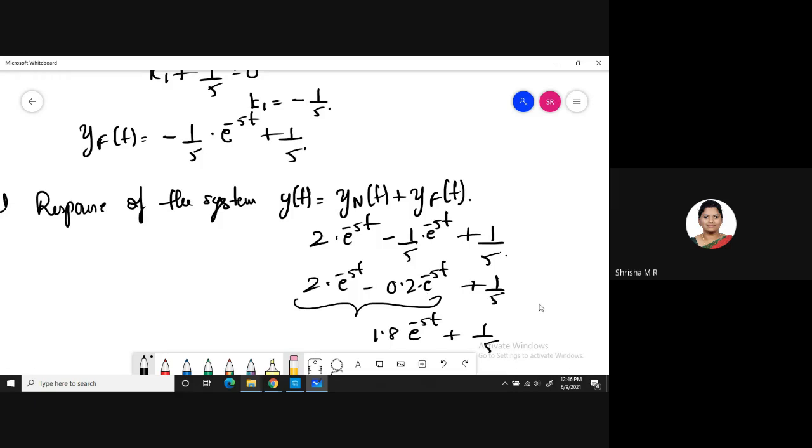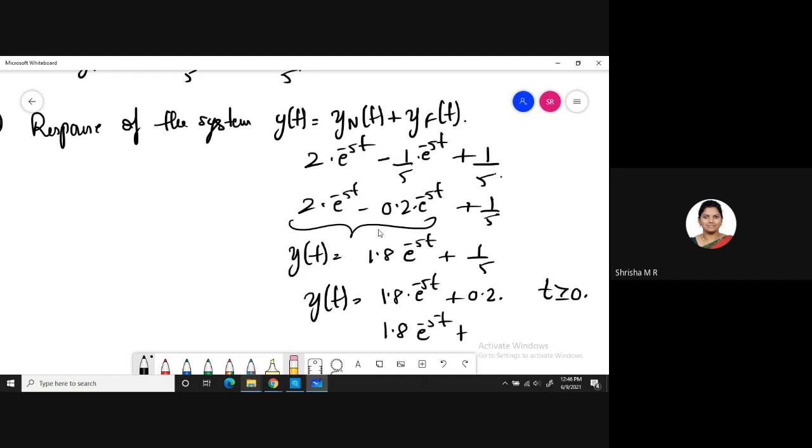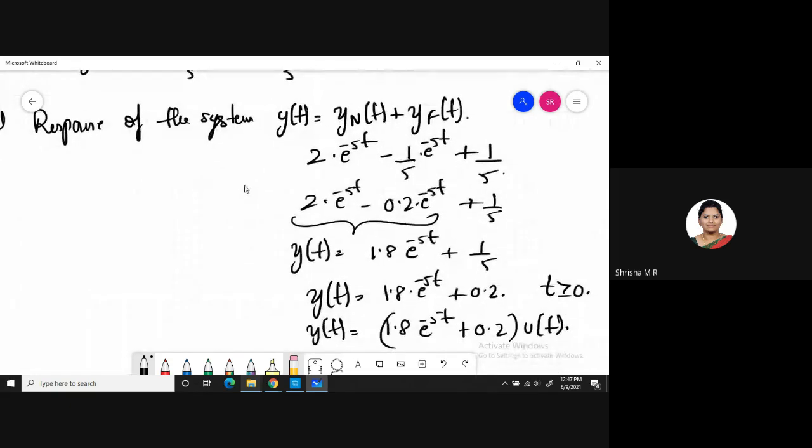This is the total response of the system, y of t: 1.8 into e power minus 5t plus 0.2 for t greater than or equal to 0, because your input is a unit step signal. Or you can also write 1.8 into e power minus 5t plus 0.2 into u of t. This is your output y of t. Got it, everyone? Is it clear?